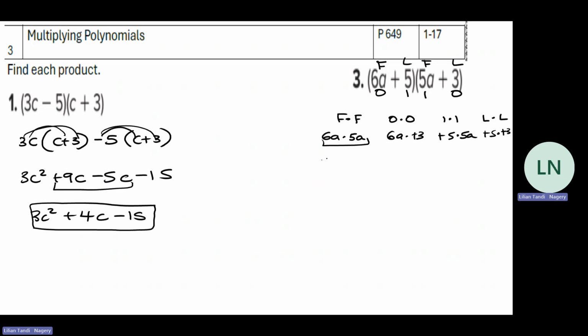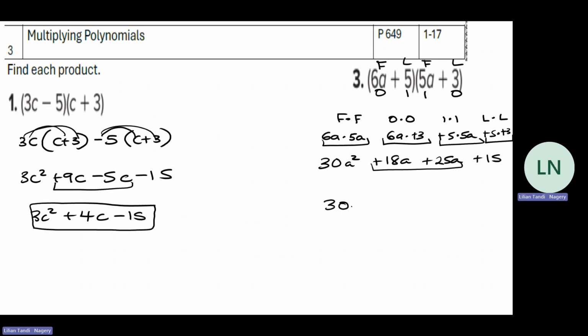The answer to that is 30A squared. The answer to this is positive 18A. The answer to that is positive 25A. And the answer to this is positive 15. This becomes 43.